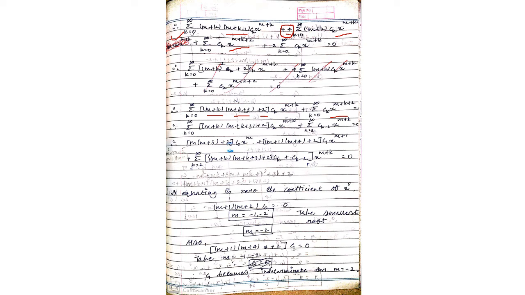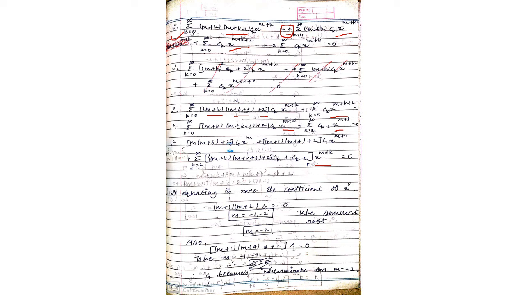Same you have to apply for k equals to 1, so that will be this one term, m plus 1 into m plus 4 plus 2, c1 x to the m plus 1. Now you can write this combined series from 2 to infinity. So from 2 to infinity, m plus k into m plus k plus 3 plus 2, into c_k plus c_k minus 2, and this whole bracket over, and the remaining term will be x to the m plus k, so I have written here x to the m plus k.